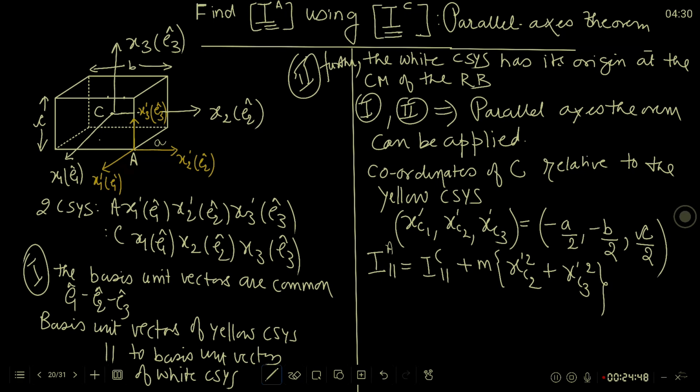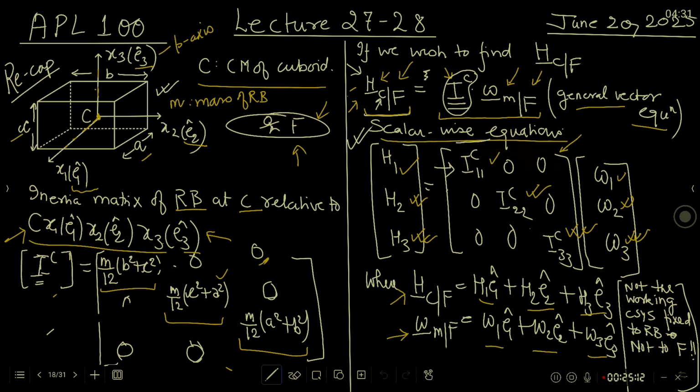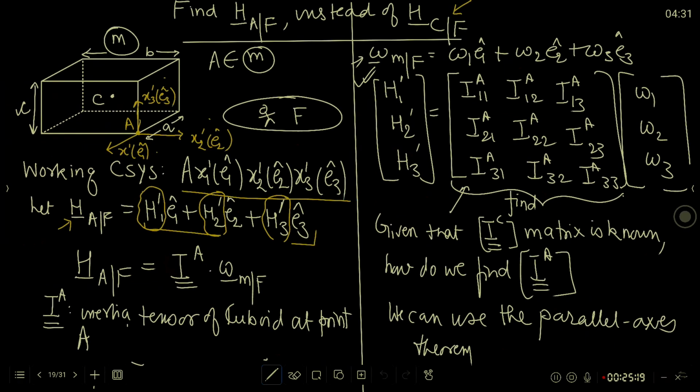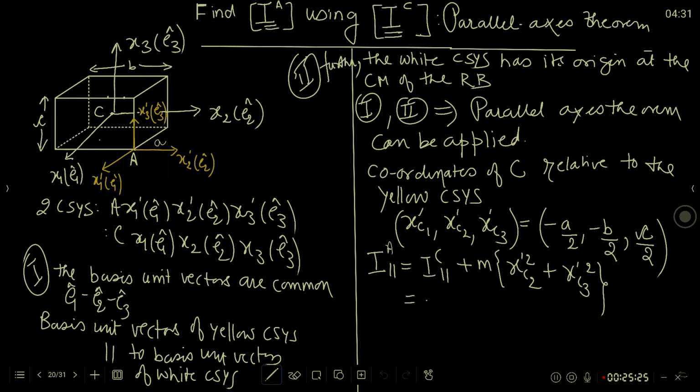IA11 equals IC11 plus the total mass of the RB multiplied by the squares of the second and third coordinates of the center of mass relative to the yellow coordinate system. Do we know IC11? Indeed, we found IC11 in the last class itself. It is M by 12 times B square plus C square.